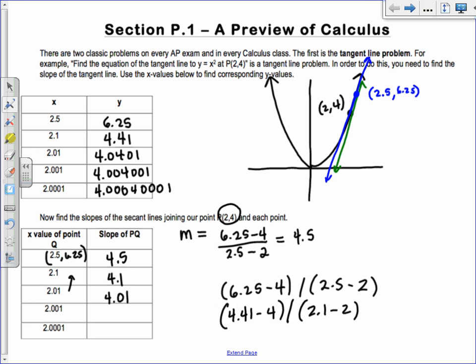Are you noticing a pattern? How's it related to the x value? 2.5 gives me 4.5, 2.1 gives me 4.1, 2.01 gives me 4.01. It's always just 2 more, so 4.001, 4.0001.